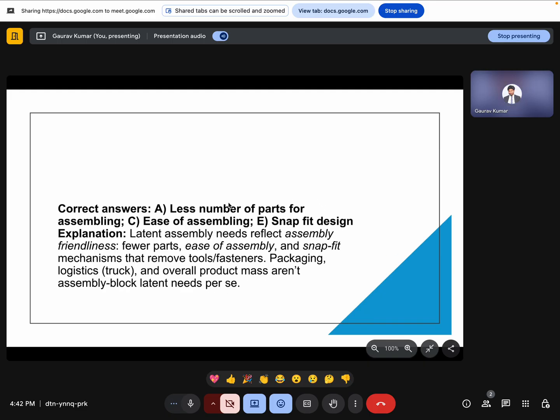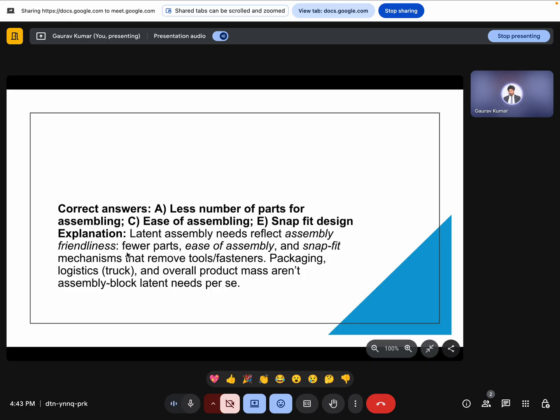Now you can see the right answer is option A, less number of parts for assembling. Ease of assembling and snap fit design explain the latent assembly needs; they reflect assembly friendliness, fewer parts, ease of assembly, and snap fit mechanisms that remove tools and fasteners.